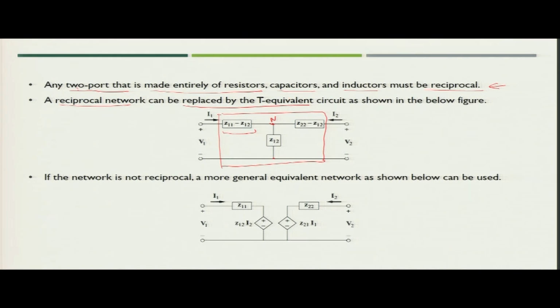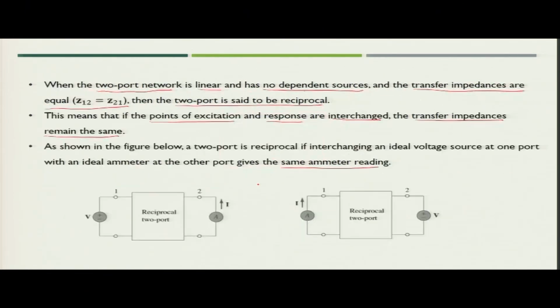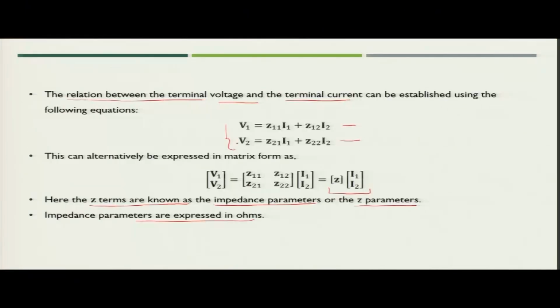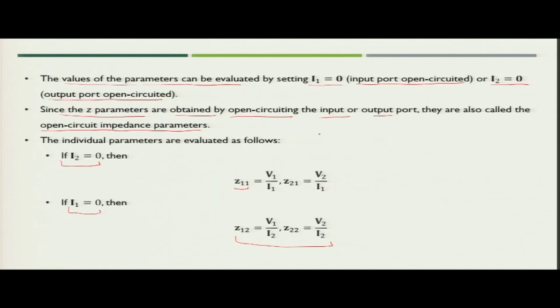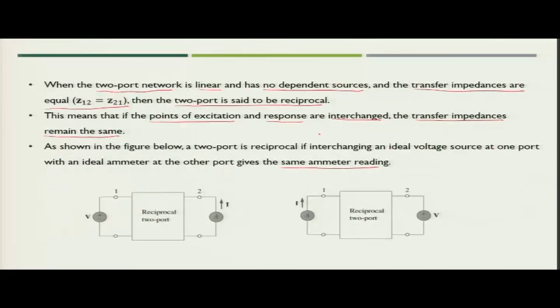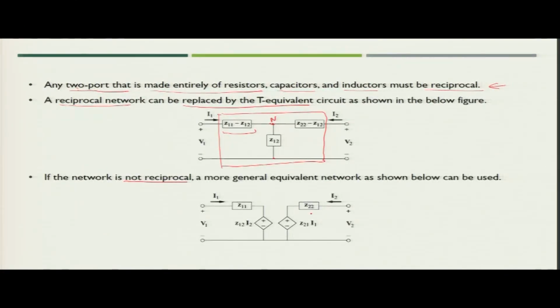Now, if the network is not reciprocal, still with the help of the equations we saw in the previous slides, that is V1 is equal to Z11 I1 plus Z12 I2 and V2 is equal to Z21 I1 plus Z22 I2, these two equations can be represented with the help of an equivalent circuit.